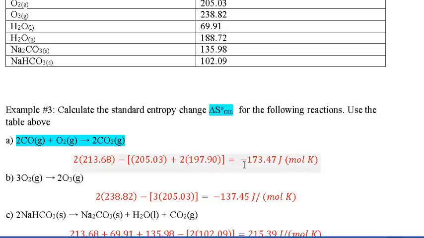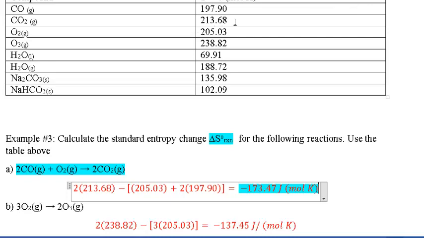And that particular value here is minus 173.47 as the answer. So how did we arrive at such a value? Well, products minus reactants. So I took 2 times CO2 gas, shown right here, minus the sum of the reactants. So 2 times CO, here's my CO value.